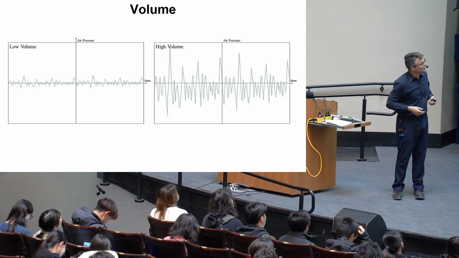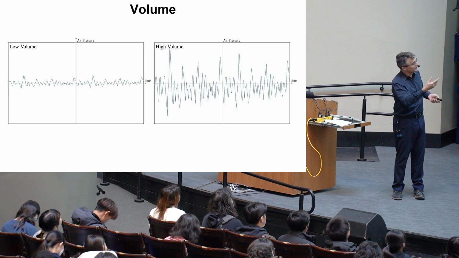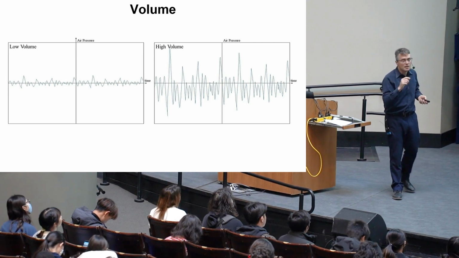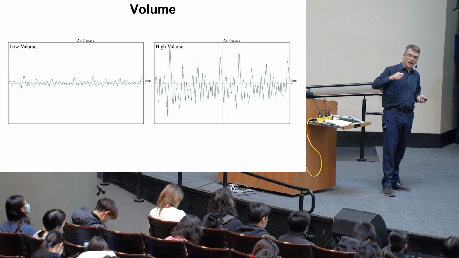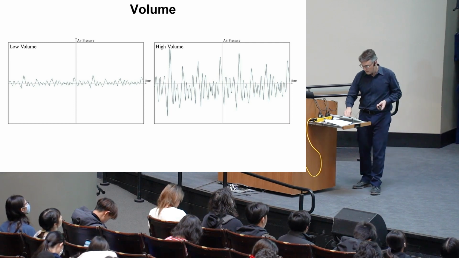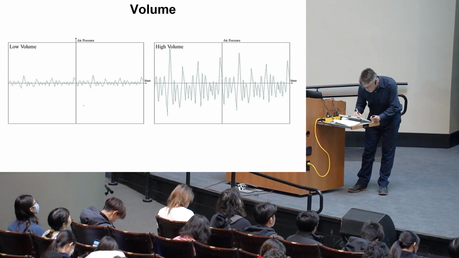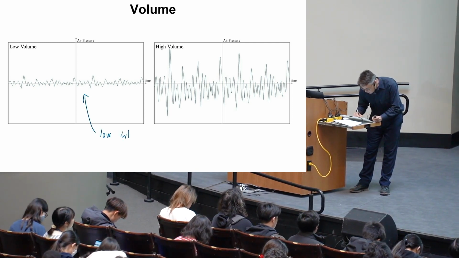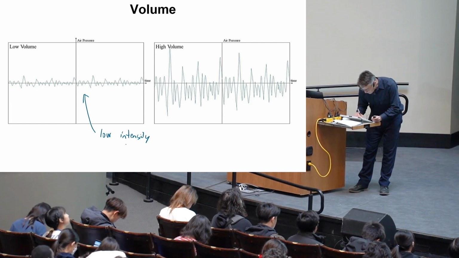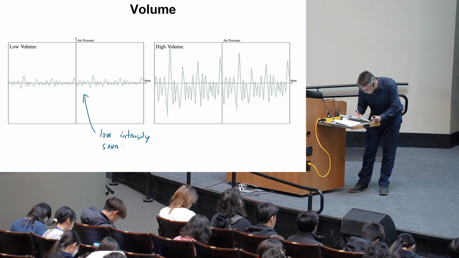So this is from a song. I don't know what song this is, but it's a little portion of a song. This is the pressure versus time. But if you do a higher volume, you get a higher air pressure. So this would actually be a low intensity, so a low watts per meter squared.